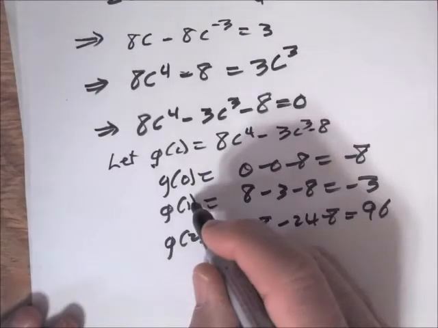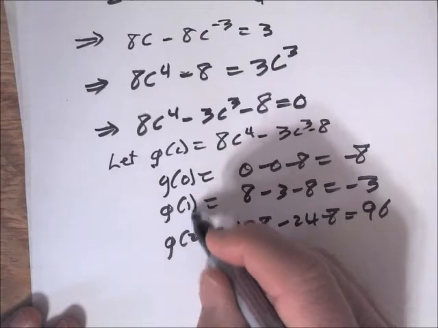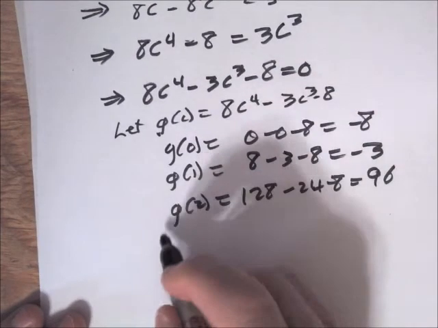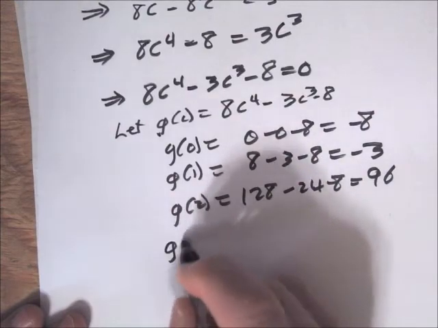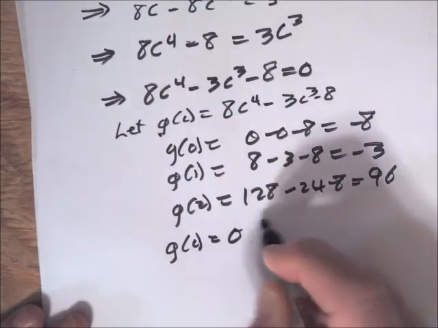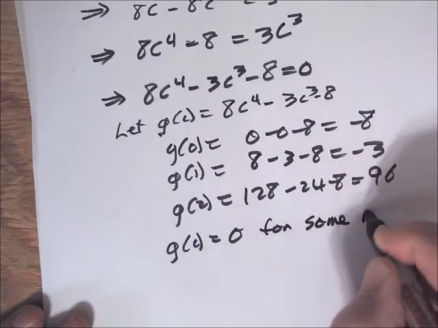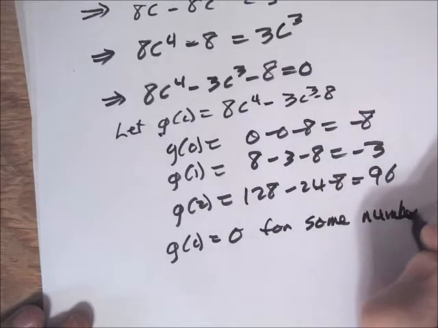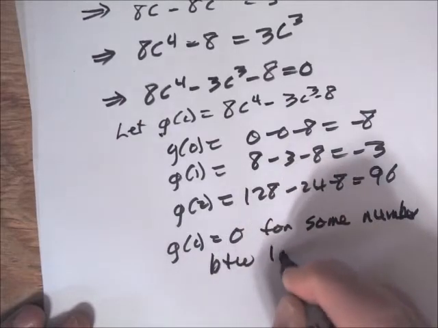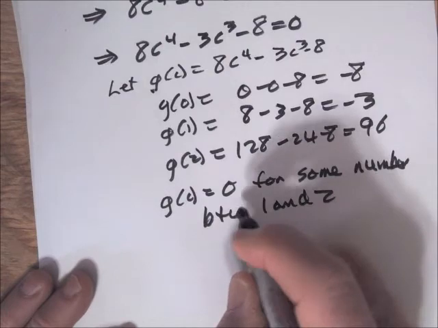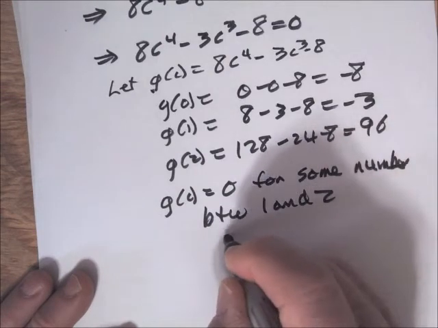So by the intermediate value theorem, there has to be a solution between 1 and 2. So g of c equals 0 for some number between 1 and 2. And that's by the intermediate value theorem for continuous functions. g of c is a polynomial.